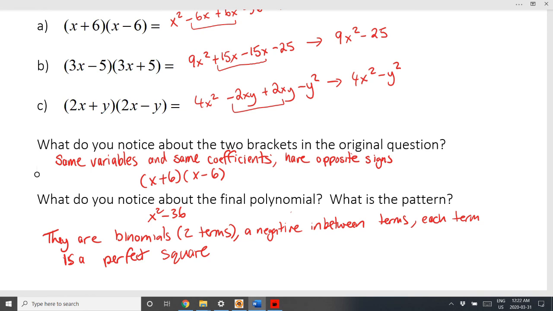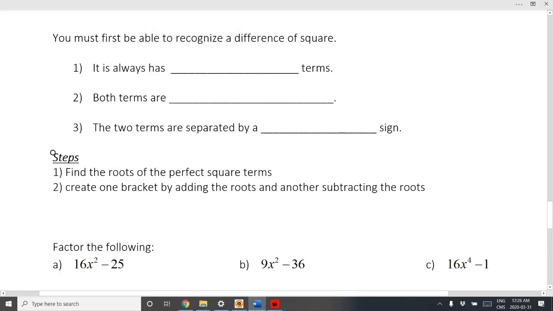So now I'll show you how to use this information to factor differences of squares. So just to summarize, you first have to be able to recognize a difference of squares. So things you're going to look for: it has two terms only. It's a binomial. Both terms are perfect squares, so they're square numbers.